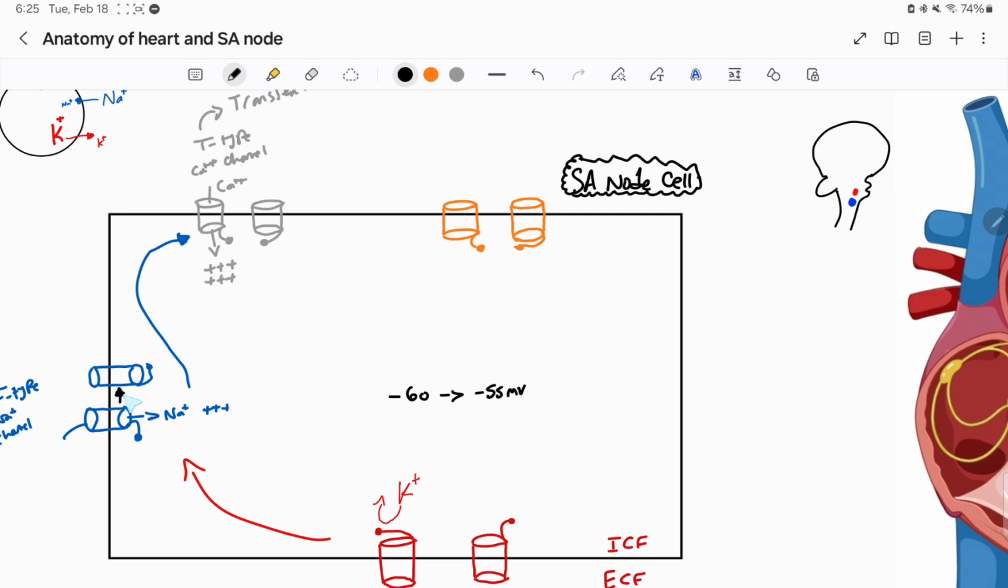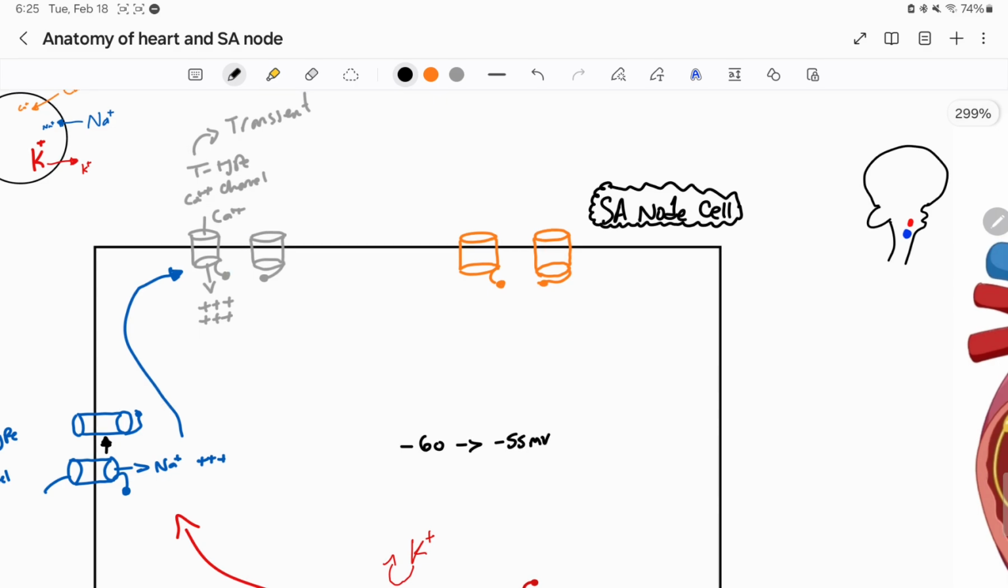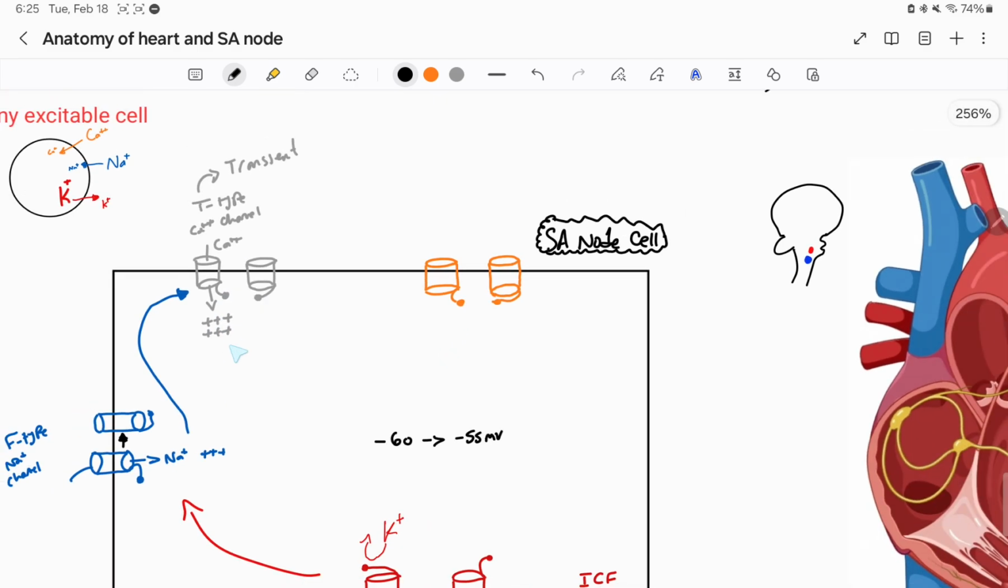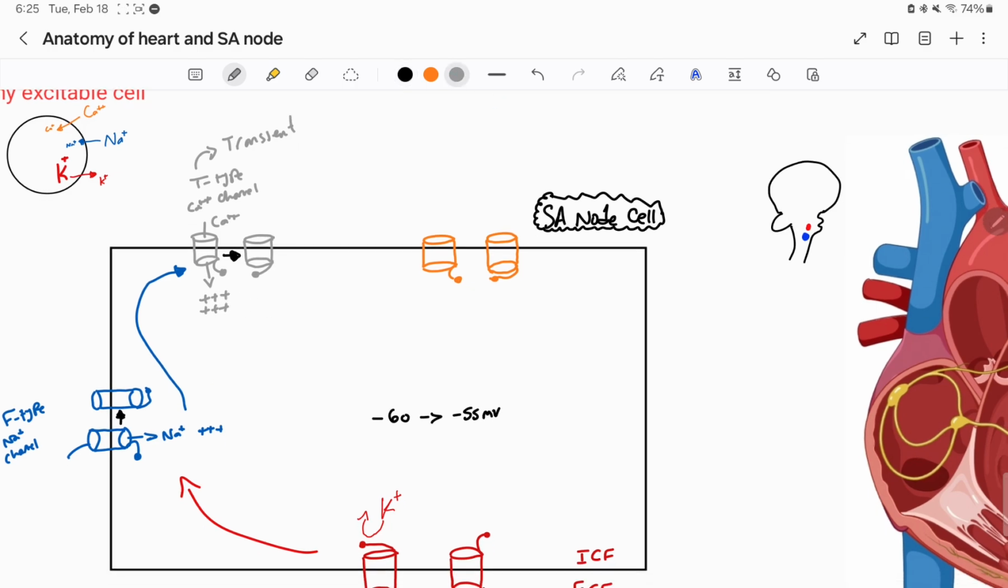It will then close its gate, meaning it will no longer be able to bring in that sodium. Same thing with this T-type calcium channel. After it brings in enough calcium for us to hit the actual threshold potential, it too will close its gate and become closed. But what happens to those positive charges, right?